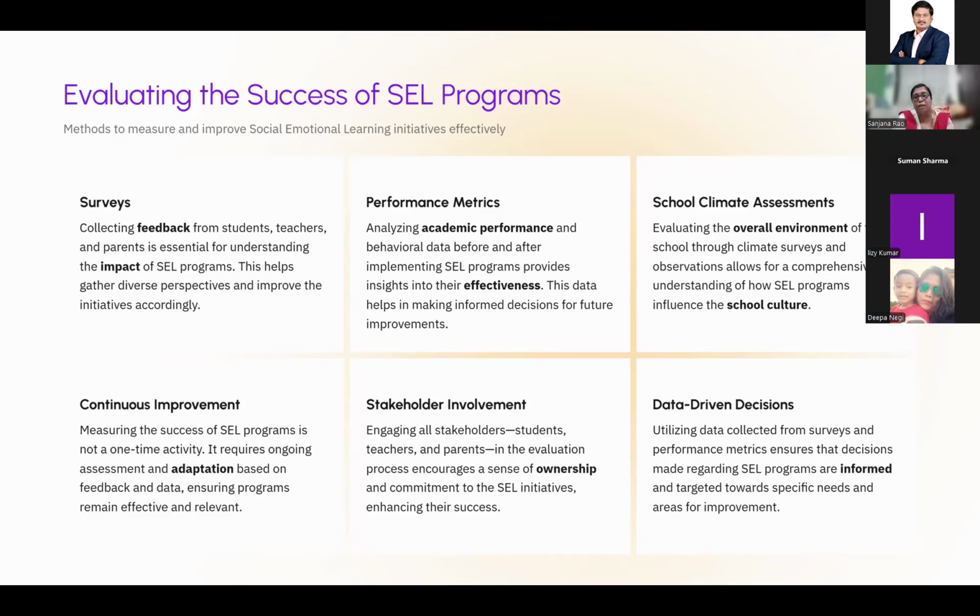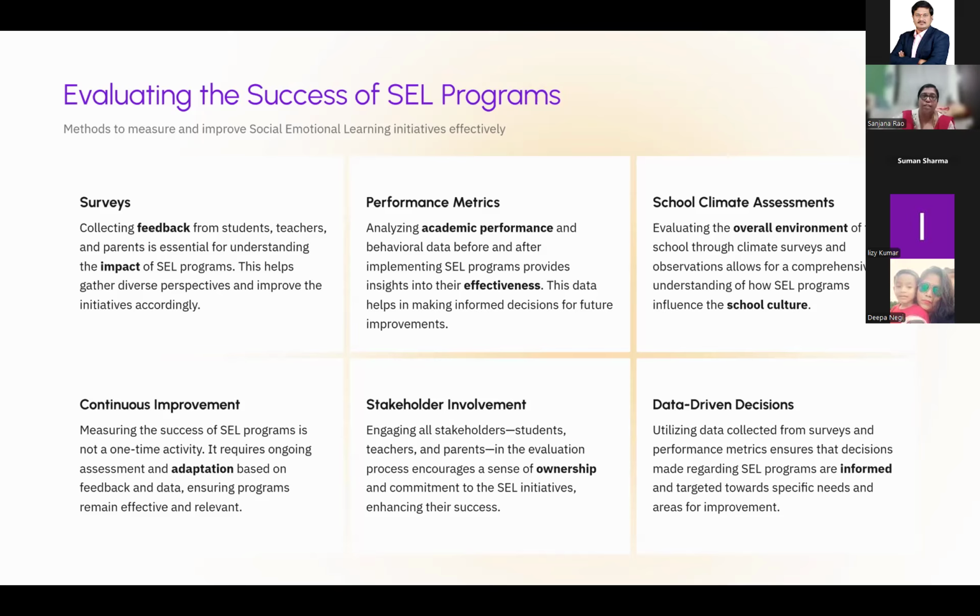So survey is very much important. When you have succeeded in this, when you have implemented those things, survey is very much important. Collecting feedback from students as well as teachers, even from parents, is very much essential to understand how the impact is working.